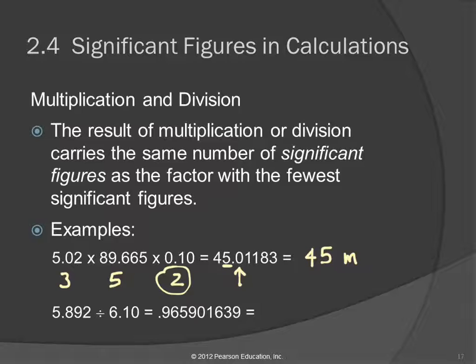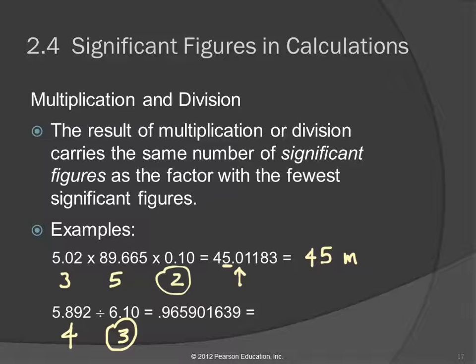So here we have numbers being divided. The rule is the same. We have to look at each number and find out how many sig figs there are there. 5.892. How many? 4. So this has 4. 6.10 has 3. 3 is smaller than 4. So our answer then should have 3.